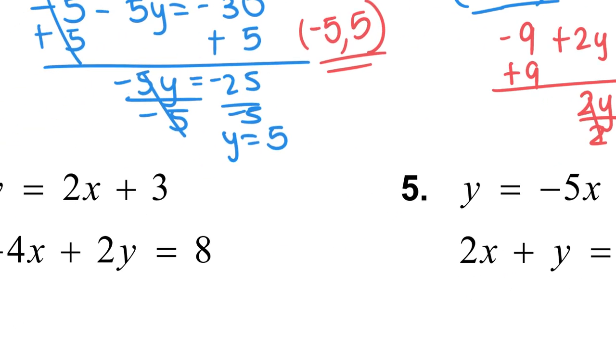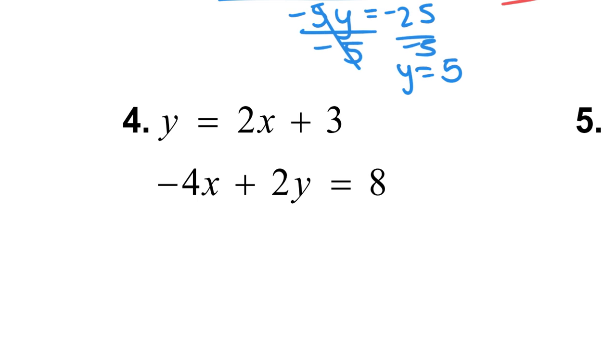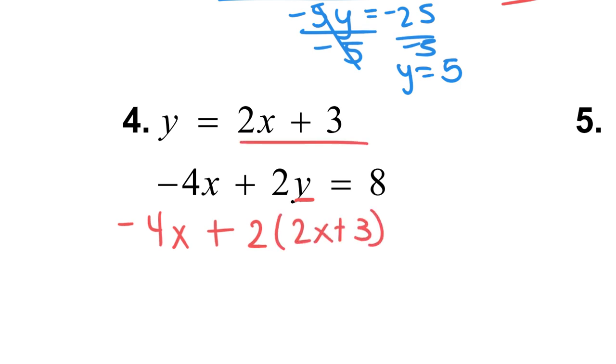Number 4, if I already have one in slope-intercept form, that's the best time to use substitution. So I will substitute wherever I see y on my second equation. Remember to always use parentheses so you could distribute properly. We're going to have negative 4x plus 2 times (2x plus 3), remember, we're grabbing it from here, that's the substitution, equals 8.